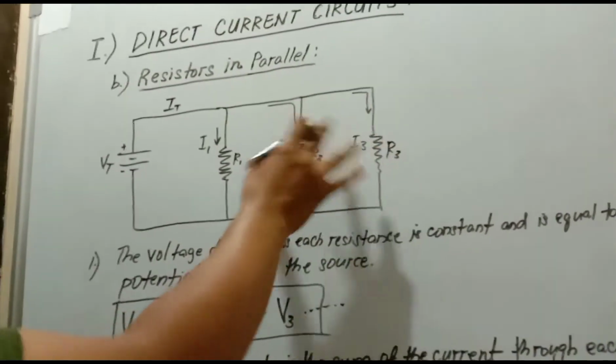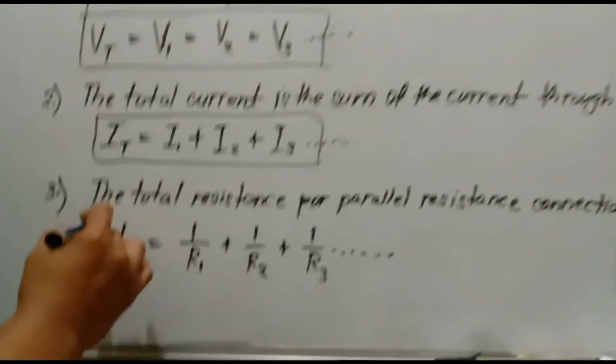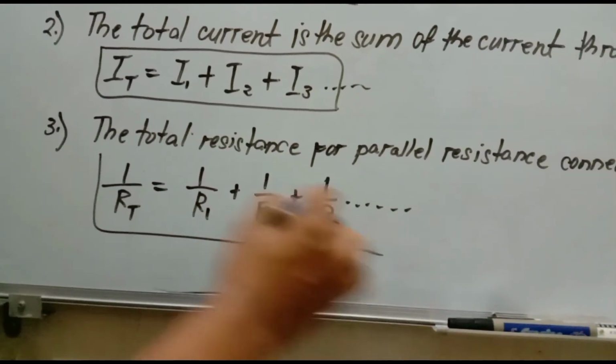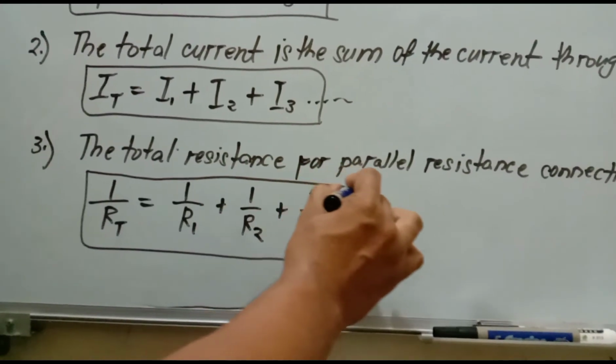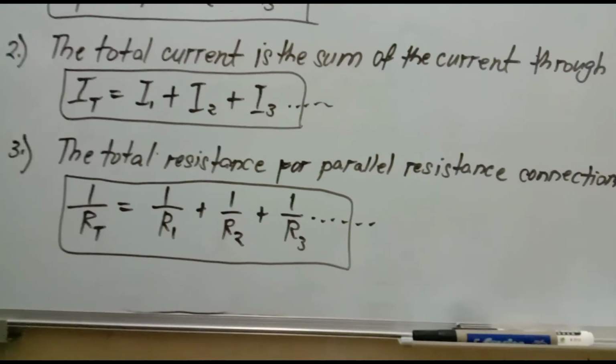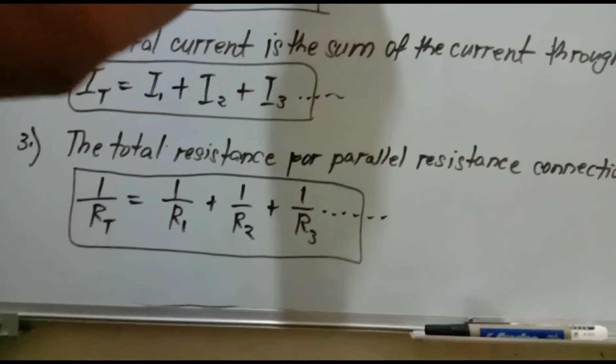It depends on how many resistors are connected in parallel. So guys, please take note of this expression in solving the total resistance of the circuit if the connection is in parallel.